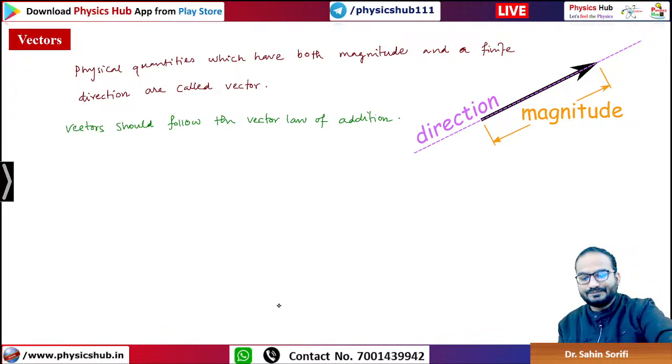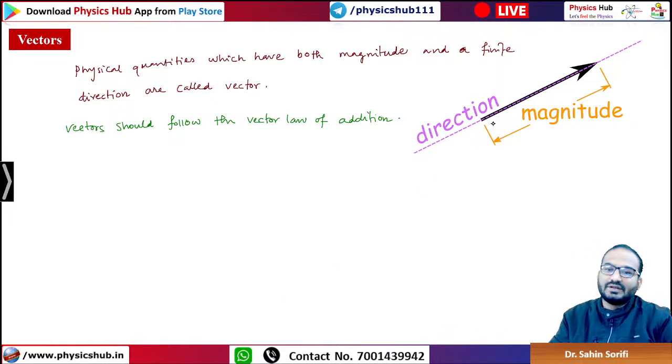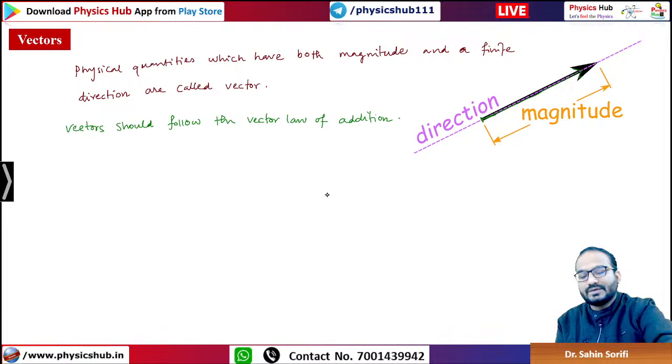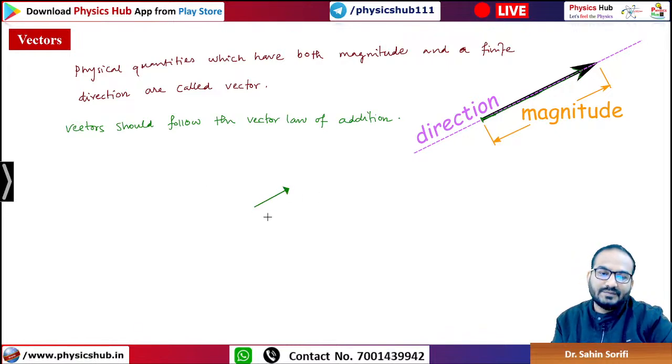Let me show you this one. Look at this one. In this figure you are seeing this. So the length of this line basically gives you the magnitude, and direction is direction. So if I am drawing two vectors, let's say this is one vector and I am taking another vector in the same direction.